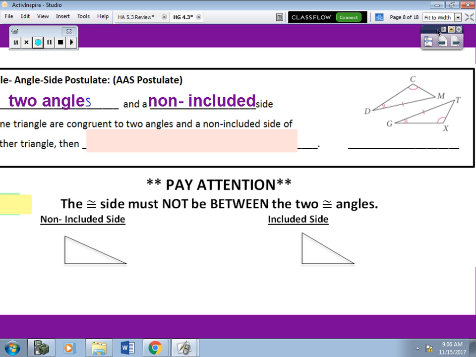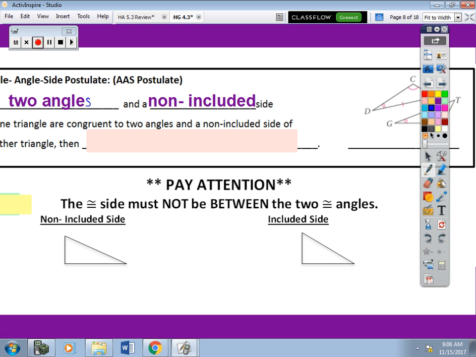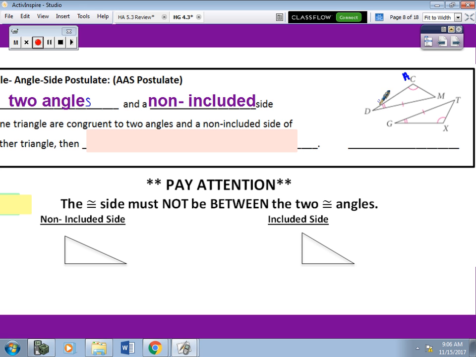So look at the picture. First of all, let's see the angle angle side. So we have angle, angle, side. Now the reason I'm telling you that you could also use angle side angle is if you know two angles are congruent to two angles, what else do we know?